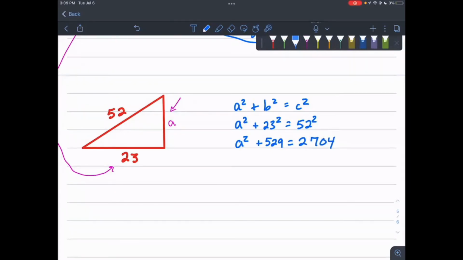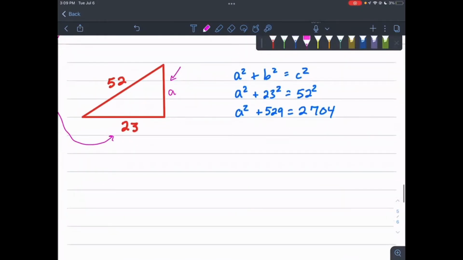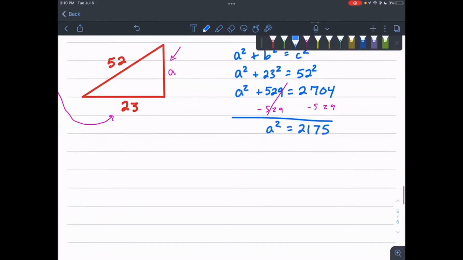So 23 squared is 529, 52 squared, 2704. We want to get A squared by itself, so you got to get rid of that 529. So that's gone. Bring down the equals, A squared all alone on the left. And then we've got 2175 on the right.